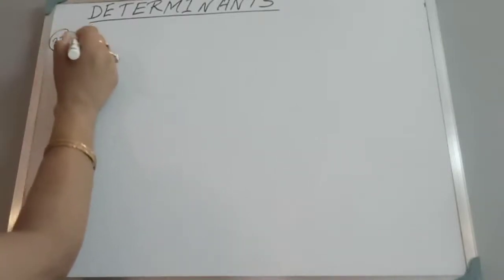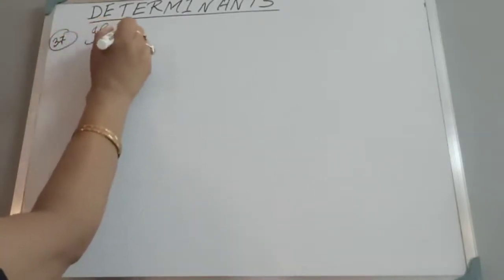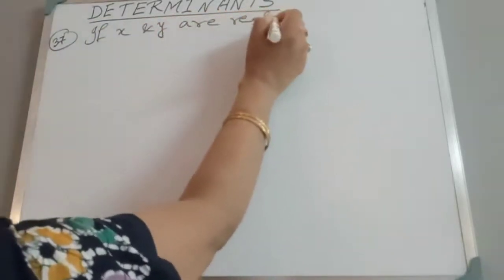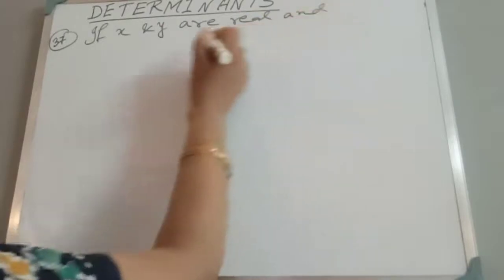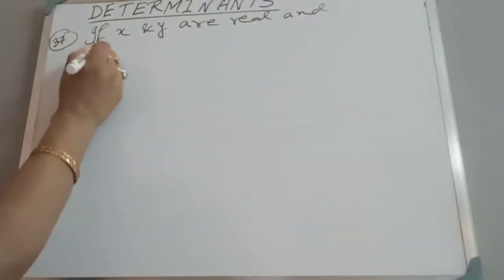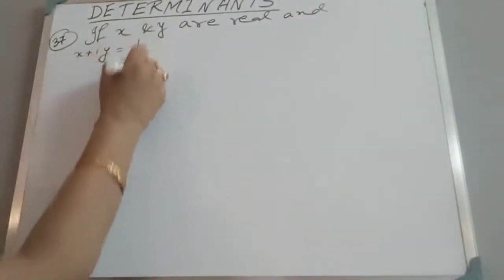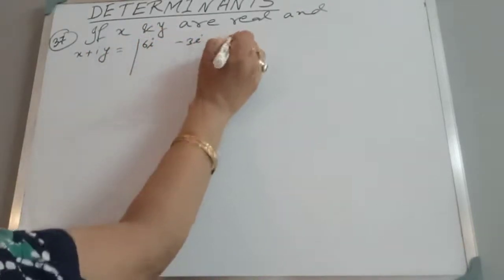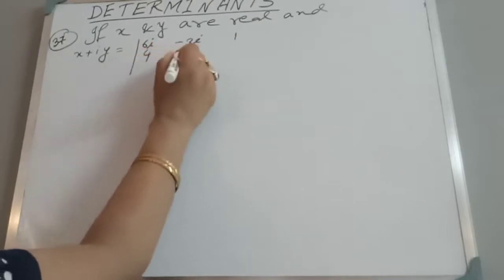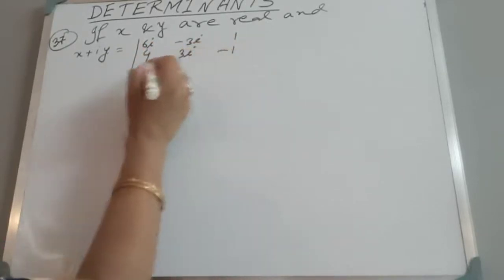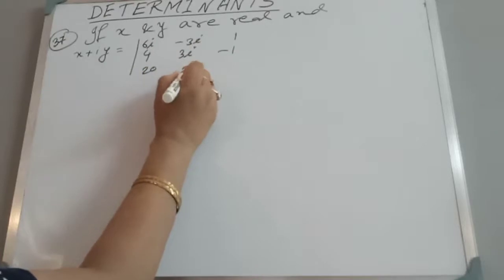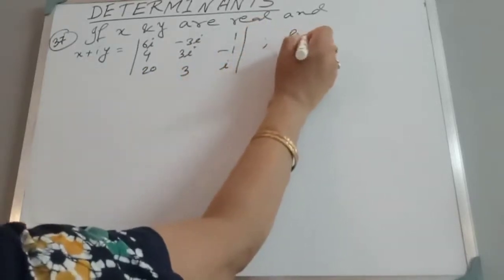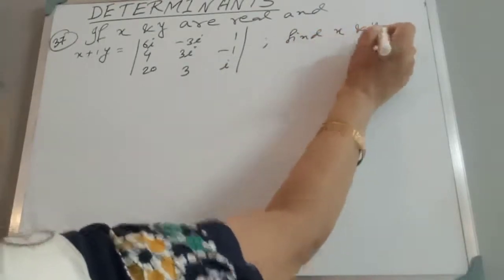Next, sum number 37. What is written? If x and y are real and x plus iy is equal to the determinant with first row 6i, minus 3i, 1, second row 4, 3i, minus 1, third row 20, 3, i, given, find x and y.